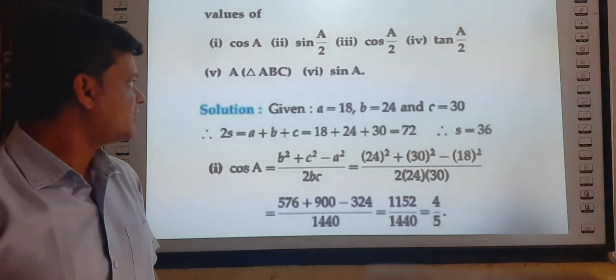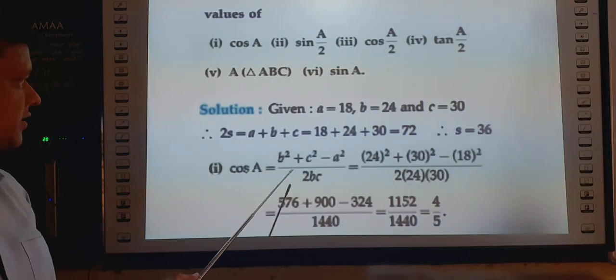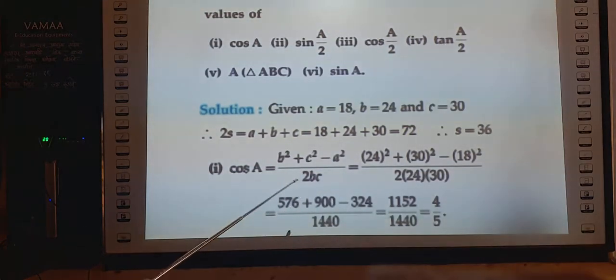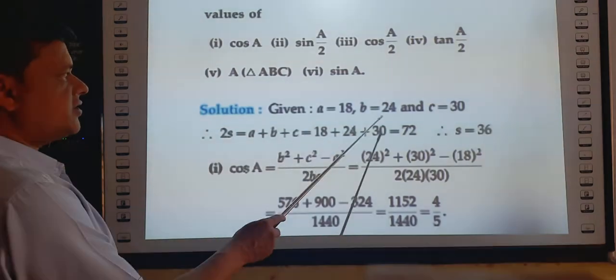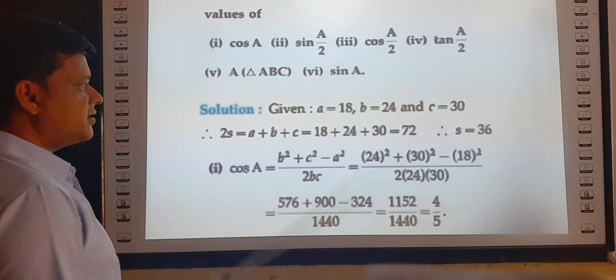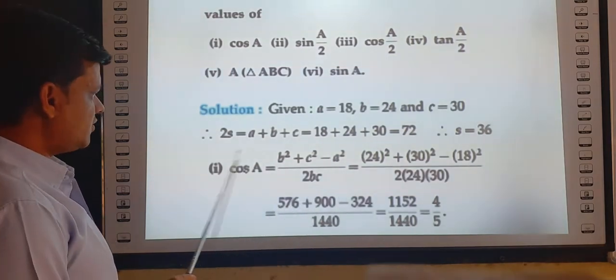So see the first example. Cos A, we know the formula: b square plus c square minus a square upon twice bc. In the given, the value of b is 24, the value of c is 30, the value of a is 18, and we substitute these values in this formula.